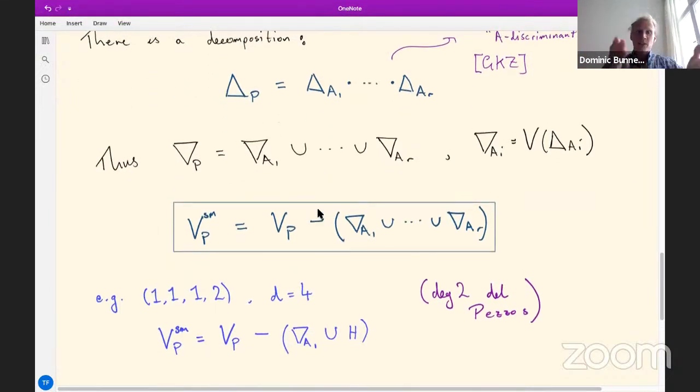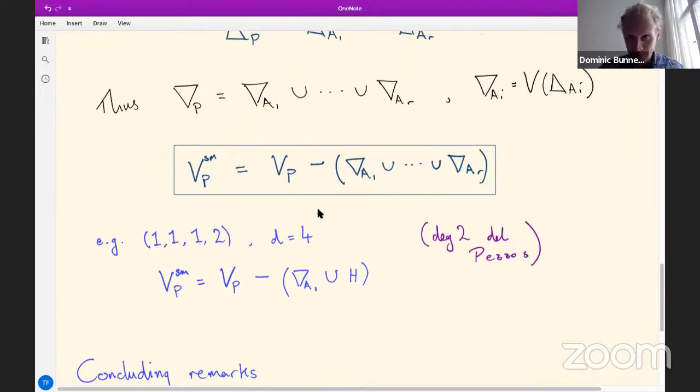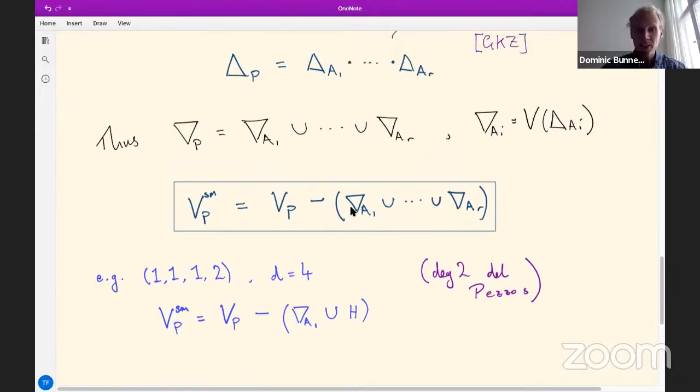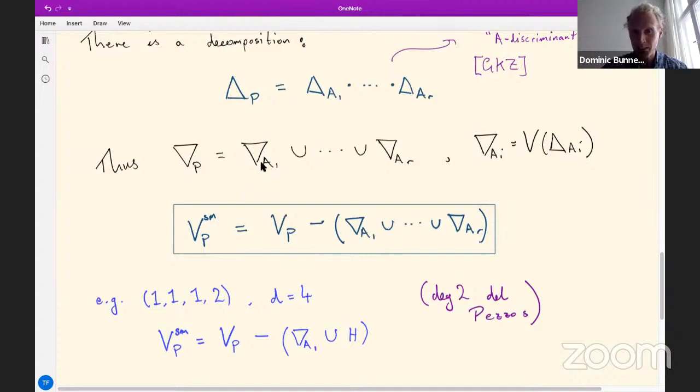Okay, and thus, I'll start to speed up now. Thus we have a decomposition of this non-smooth locus into these irreducible hypersurfaces, each of which, I don't have time to go into it today, but they each come from other smaller polytopes. So they each come from faces of your original polytope.